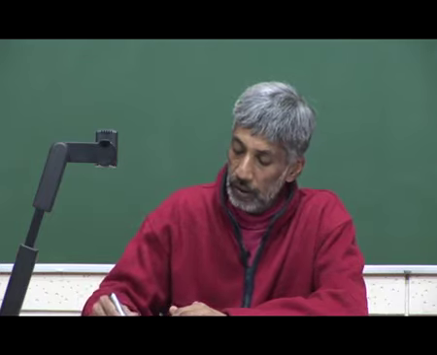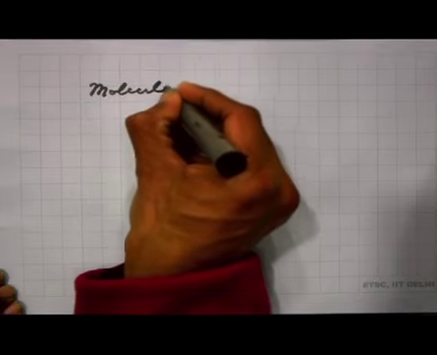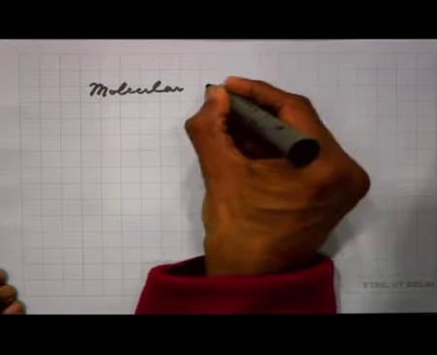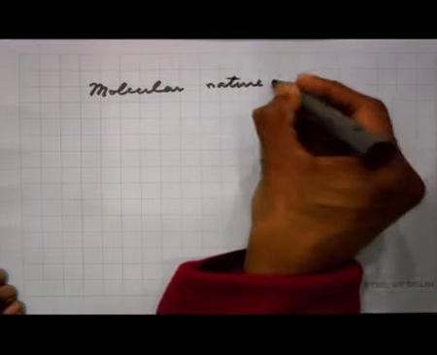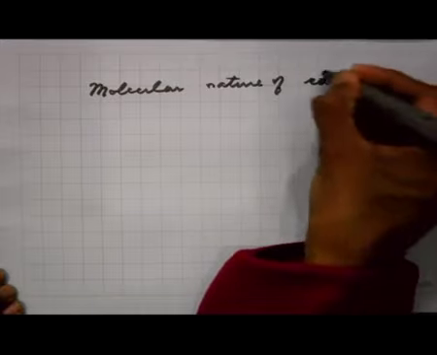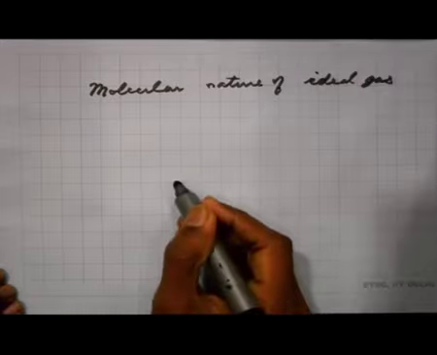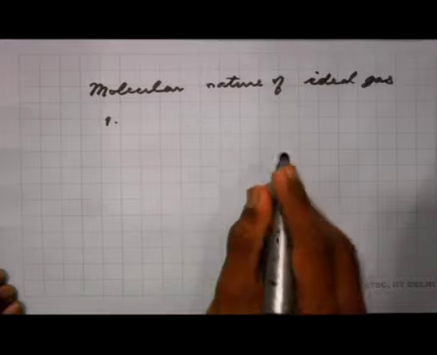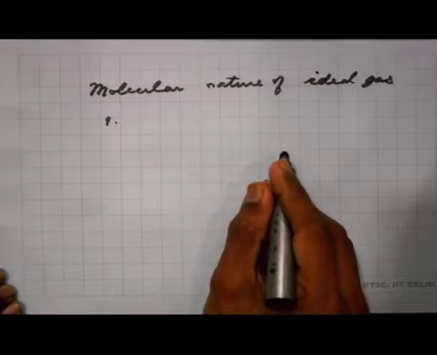And what is this model that we have of the molecular nature of the ideal gas? What are the ingredients of this molecular model of an ideal gas? When I write it down, you will notice it comes directly from the kinetic theory of gases.